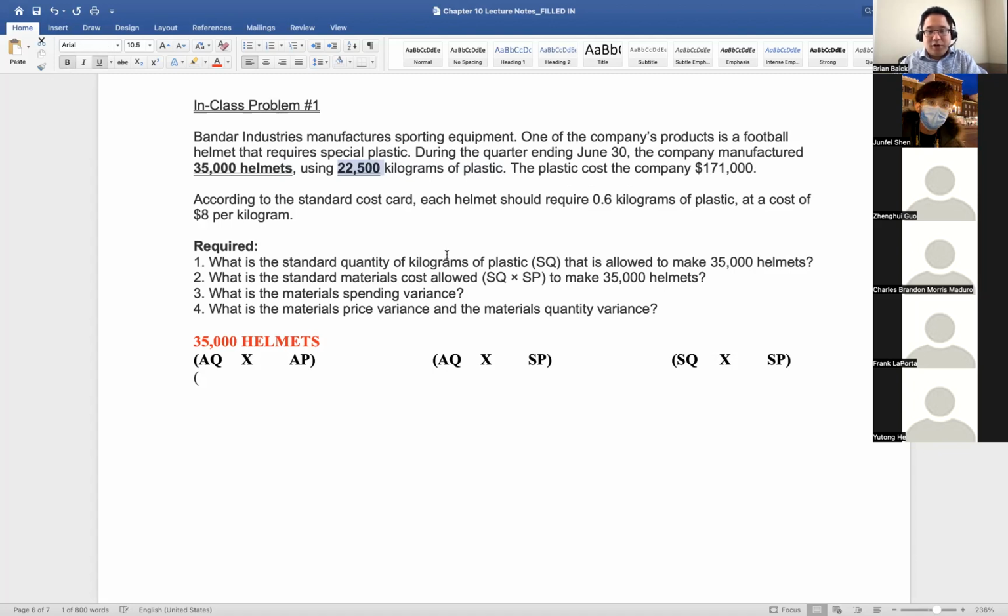This is where you just have to practice the problems, and then you get a feel for what goes where. The actual quantity, it says they used 22,500 kilograms of plastic. So that's AQ. How much did they pay for each kilogram of plastic? I don't think it's $171,000, because that is more of the total, right? Can you tell me what the AP is going to be, the actual price?